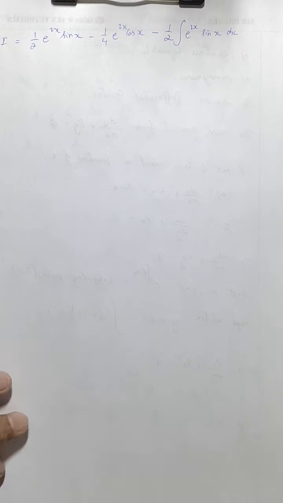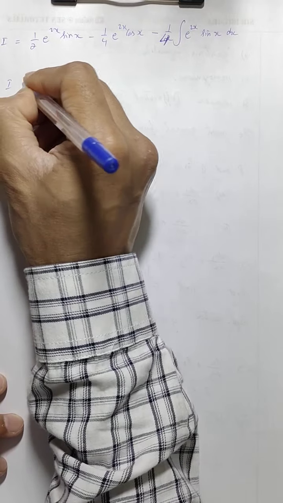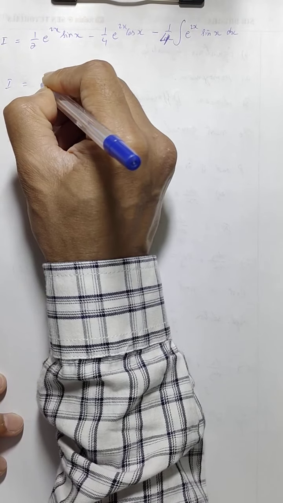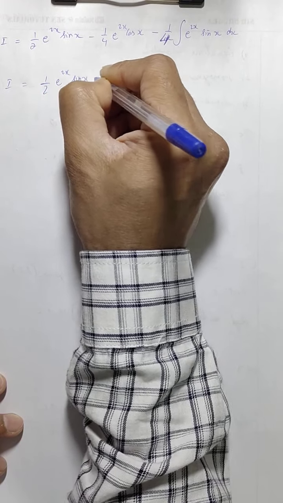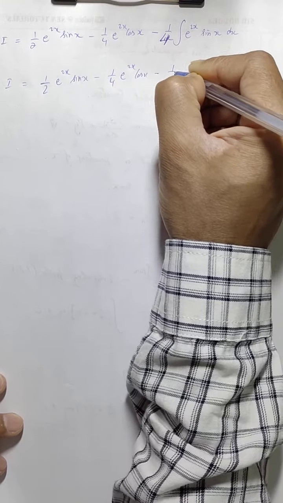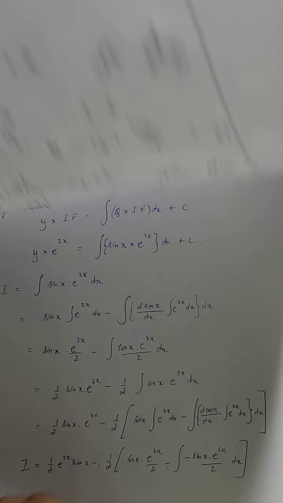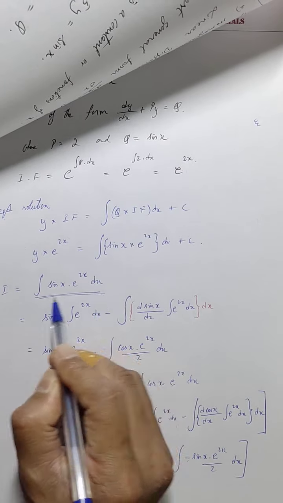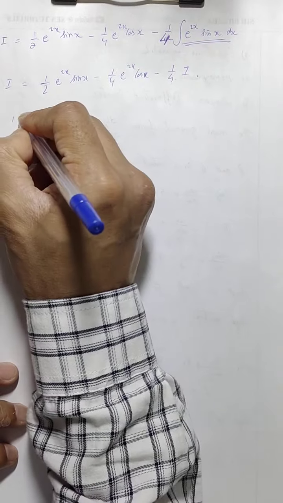So I equal to 1/2 e to the power 2x sin x minus 1/4 e to the power 2x cos x minus, isn't this 1/4 into I? Because if you look, I was sin x e to the power 2x, so that's the same. So bring this on the other side.